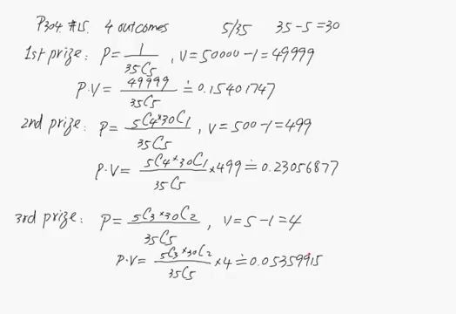That is equal to 1. So we have the probability of the first prize, plus the probability of the second prize, and plus the probability of the third prize, plus the probability of losing equal to what?